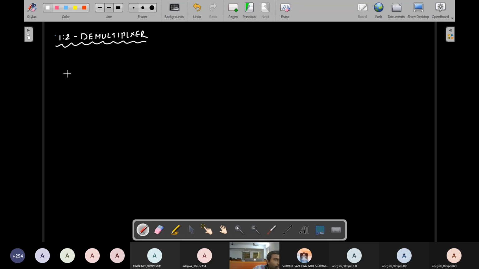That means it has only one input signal and two outputs, a one input and two output device. The block diagram of 1:2 looks like this.